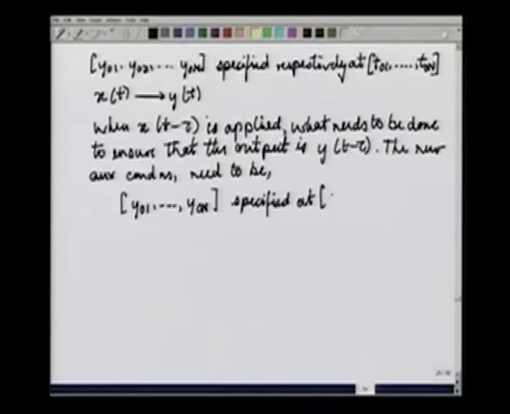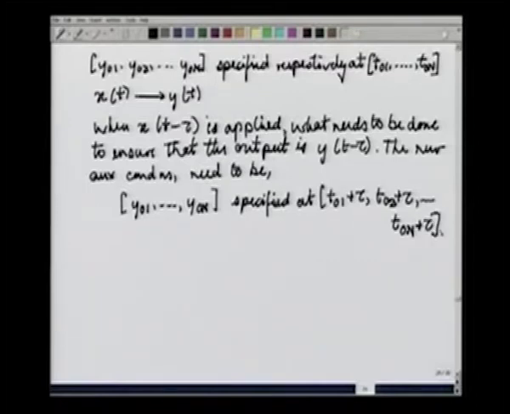must be t01 plus tau, t02 plus tau and so on to t0n plus tau.